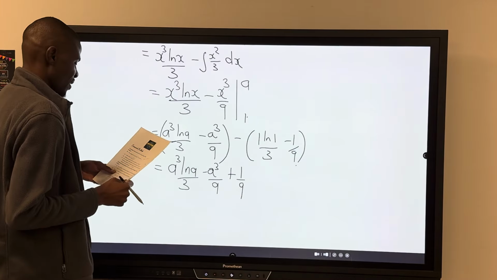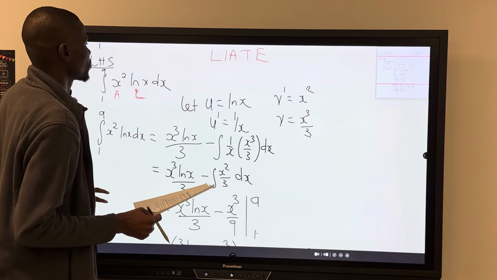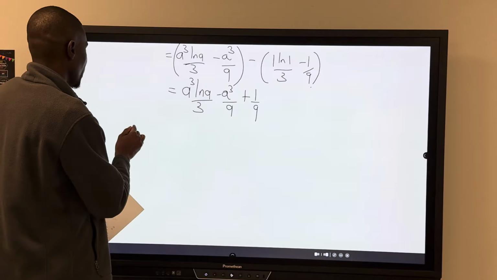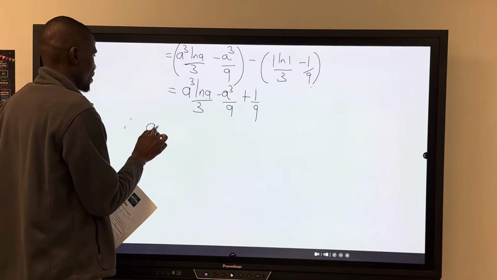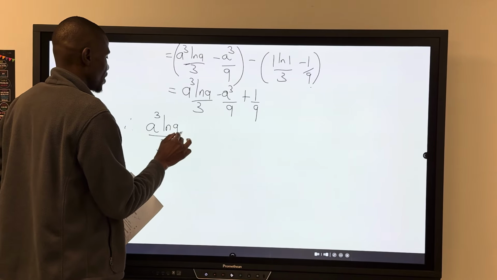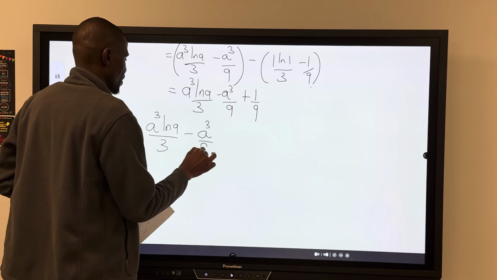Going back to the question, we were told that this is equal to 4, so we equate it to 4. Therefore a cubed natural log of a over 3 minus a cubed over 9 plus 1 over 9 equals 4.